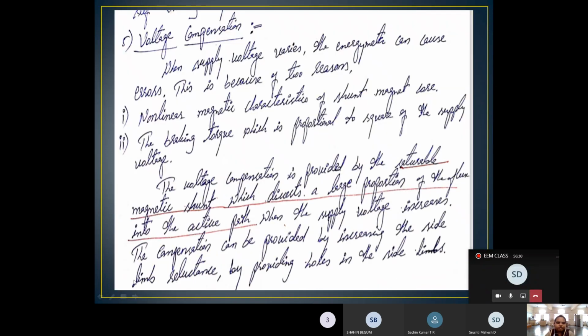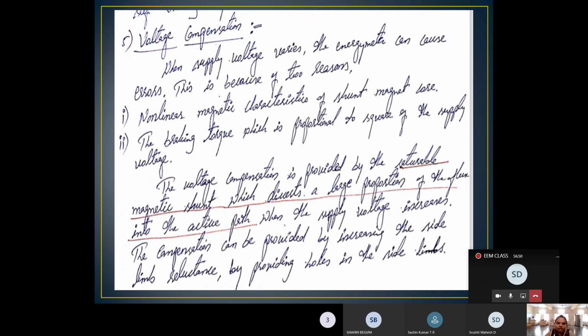And next is the voltage compensation. When supply voltage varies, the energy meter can show errors. Yes, if the supply is changing, of course our energy meter will show some errors, due to two reasons.